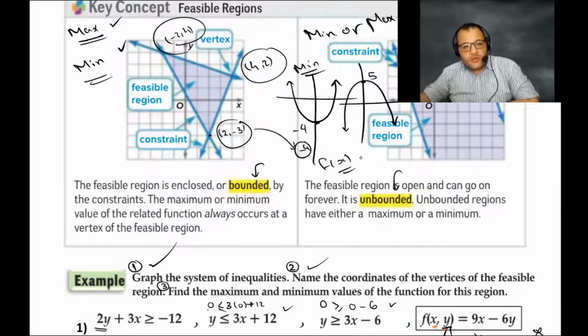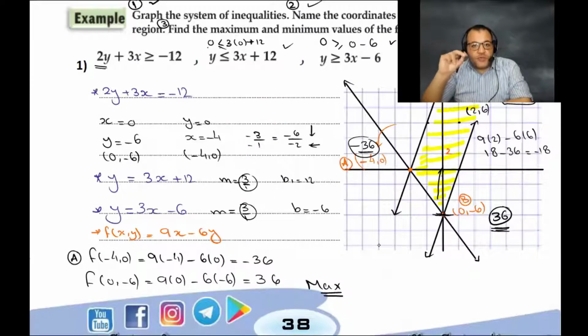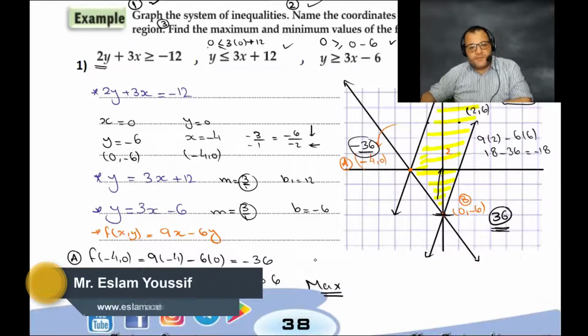At which value of x does the function have the minimum point? The function has a minimum point when y equals -4. That is the vertex, the ordered pair at which the function has a minimum or maximum point. At point B, the function will have a maximum point. Is it clear?